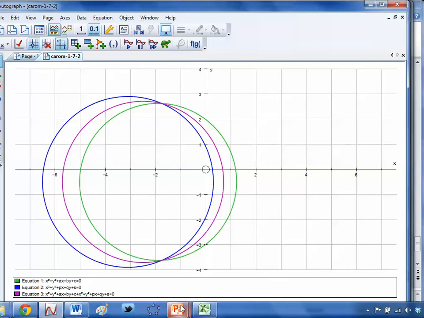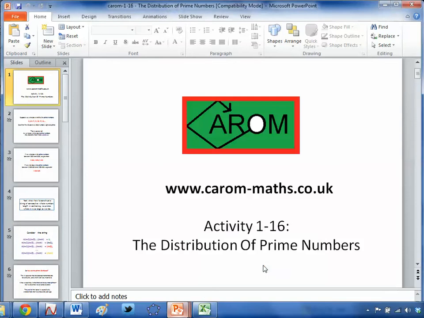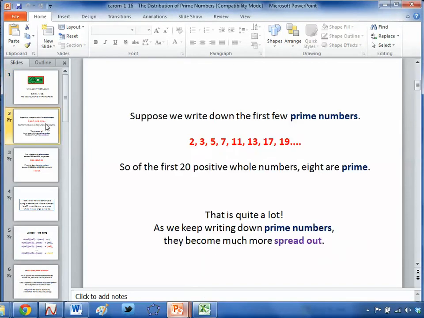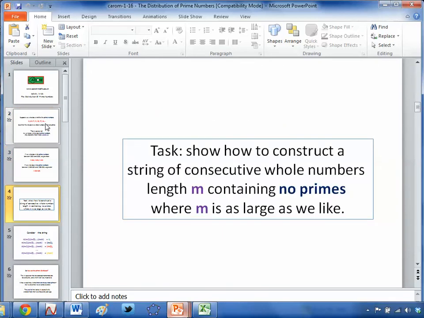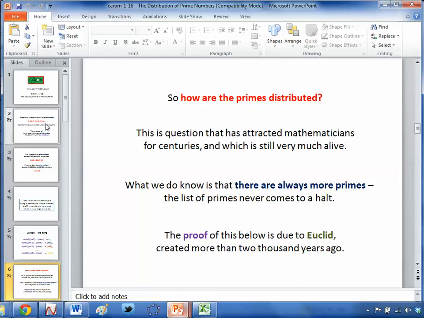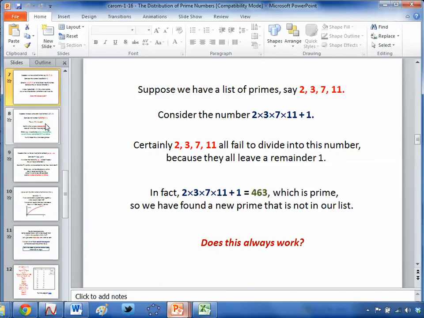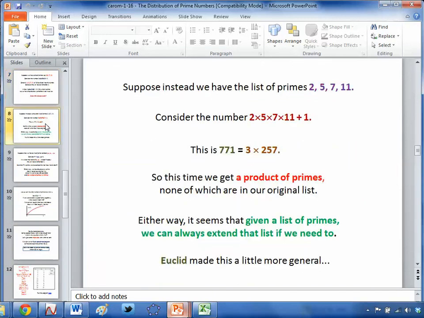But we don't even stop there, because the final one I wanted to show you is this, the distribution of prime numbers. And this is absolutely fascinating. Is there a link between how the prime numbers are distributed? And what Johnny does here is he takes you through lots of algebra and lots of numerical ways of looking at this.